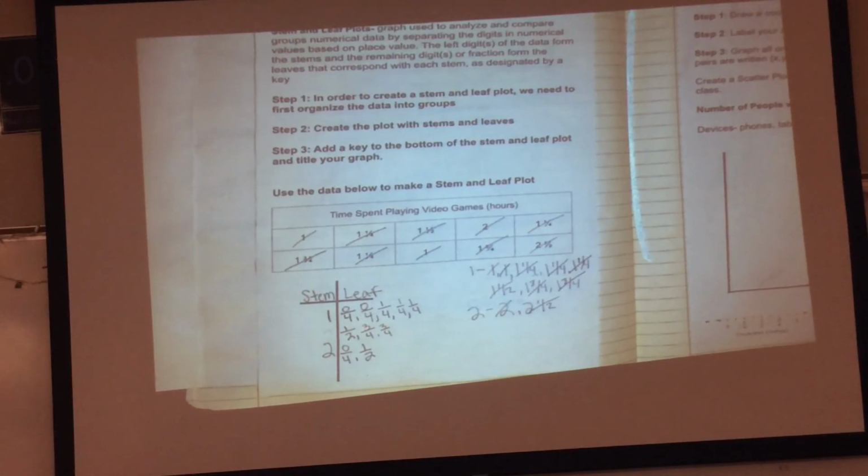Okay, so step 3 says add a key to the bottom of the stem and leaf plot and title your graph.